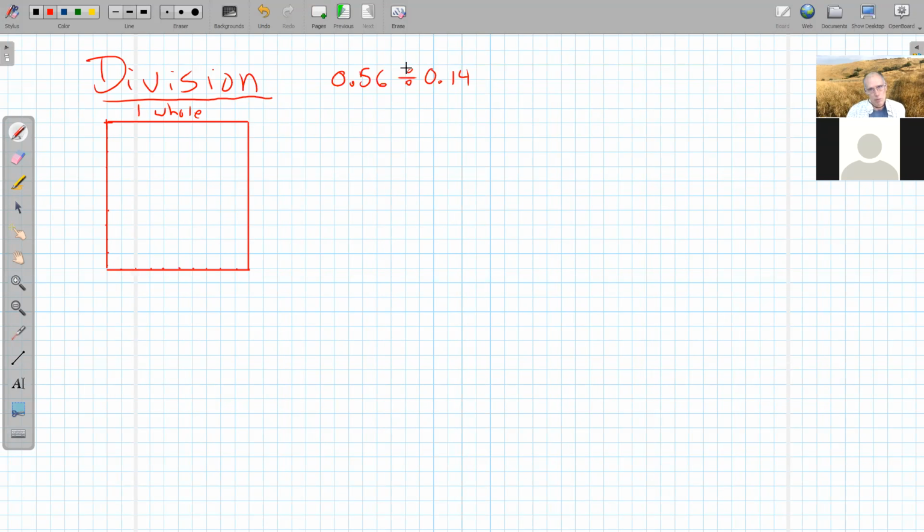And so then we have to come up with a definition for division. So we've got a few different options here. We could use the idea of groups of, we could use the idea of repeated subtraction. I think those are the easiest two to use here. So I could say what this means is division is groups of.